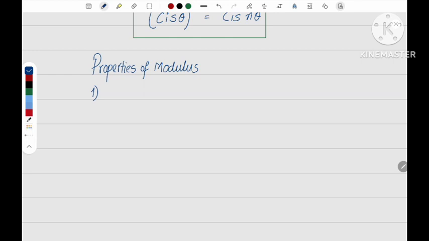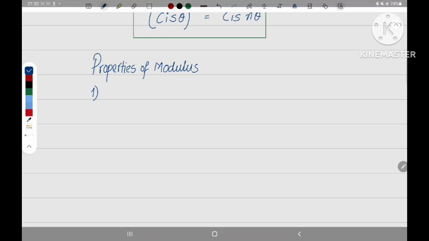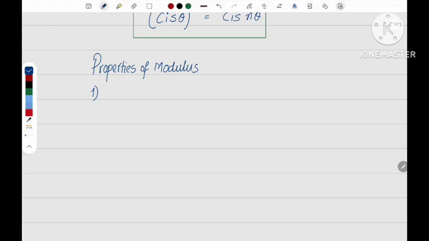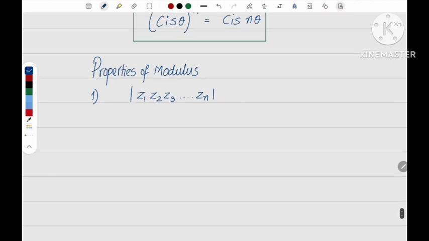The first property is that modulus of multiplication of several complex numbers, if I multiply n complex numbers and take their mod, this is equal to the multiplication of individual modulus of complex numbers.